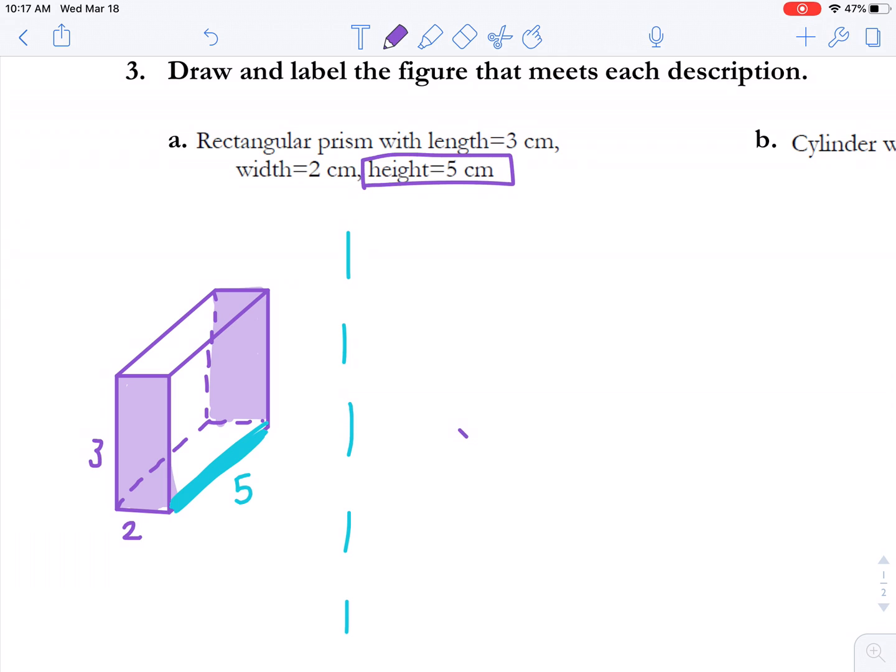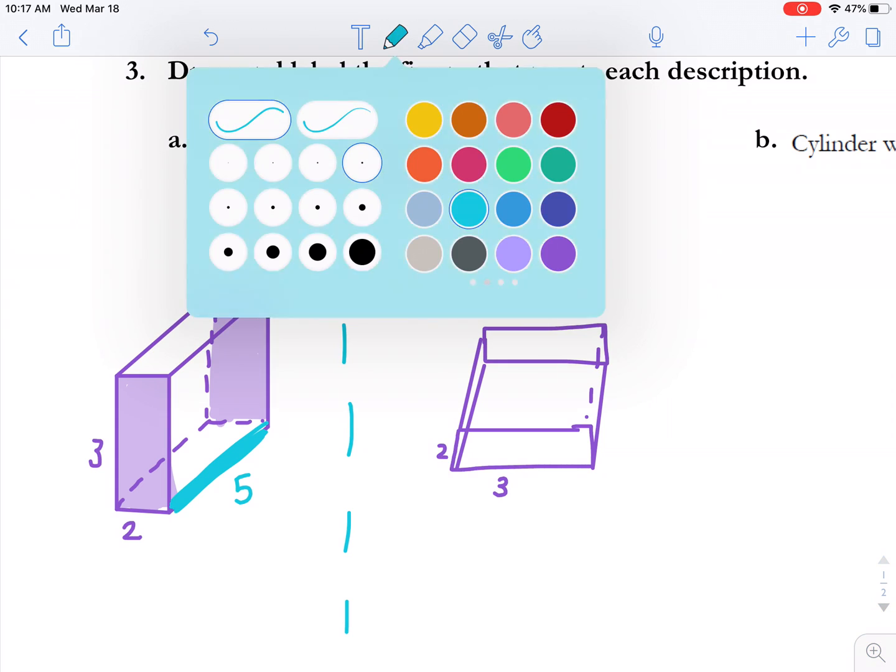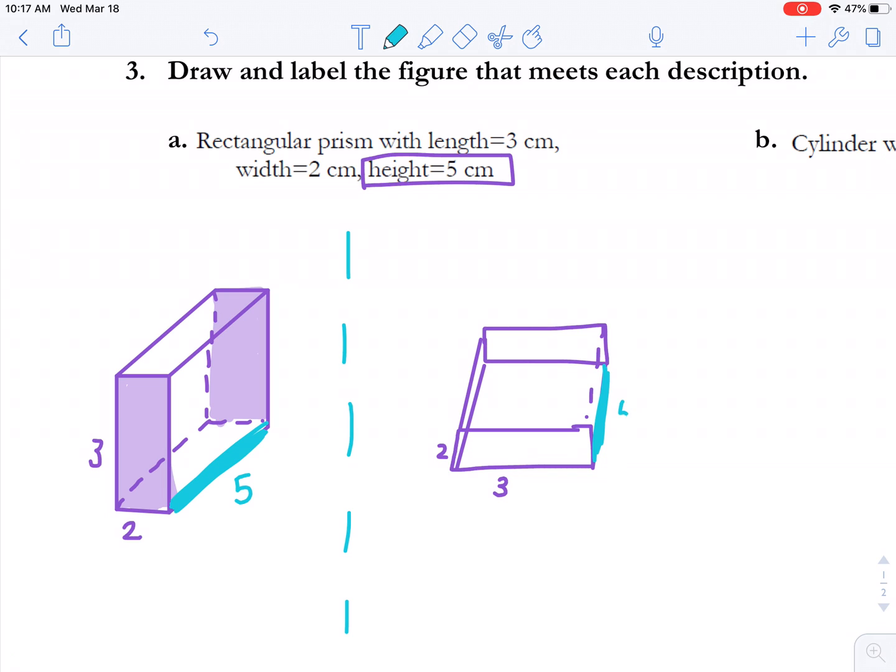So if you wanted the top and the bottom to be the bases, we can connect this here, more vertically. The top and bottom, this would be 2 and 3, and then the height connecting the top and bottom would be 5.